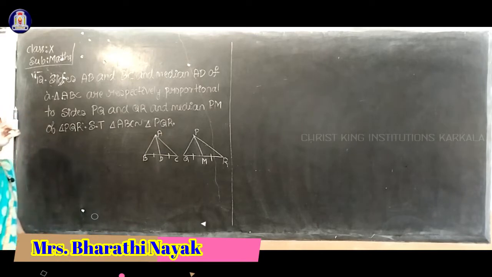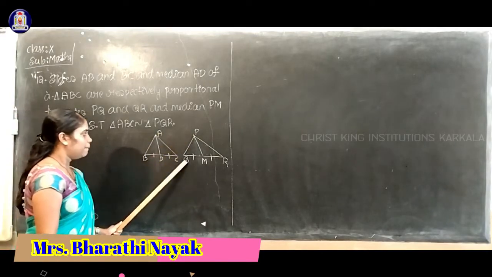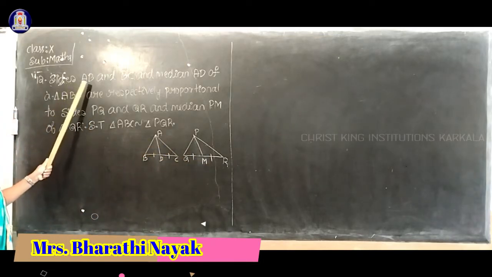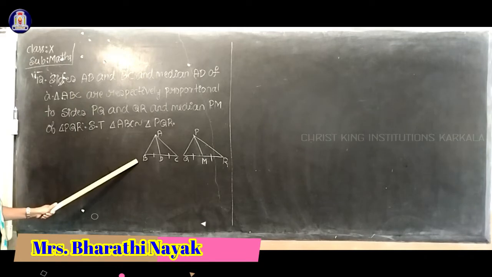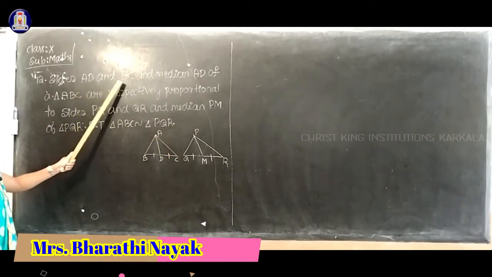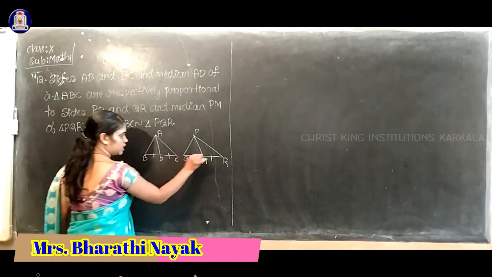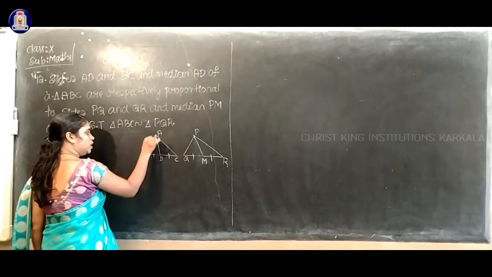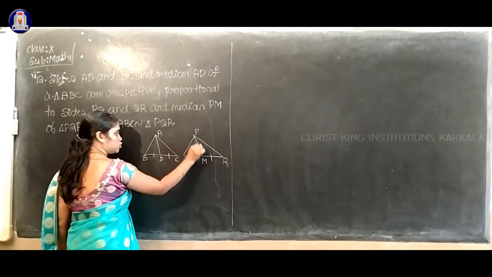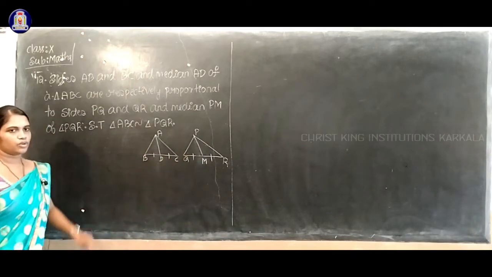Okay, so here two triangles are given, triangle ABC and triangle PQR. Side AB is proportional to side PQ. Side BC is proportional to side QR. Also AD is a median, and this median AD is proportional to another median, that is PM. This is what they have given in the question.